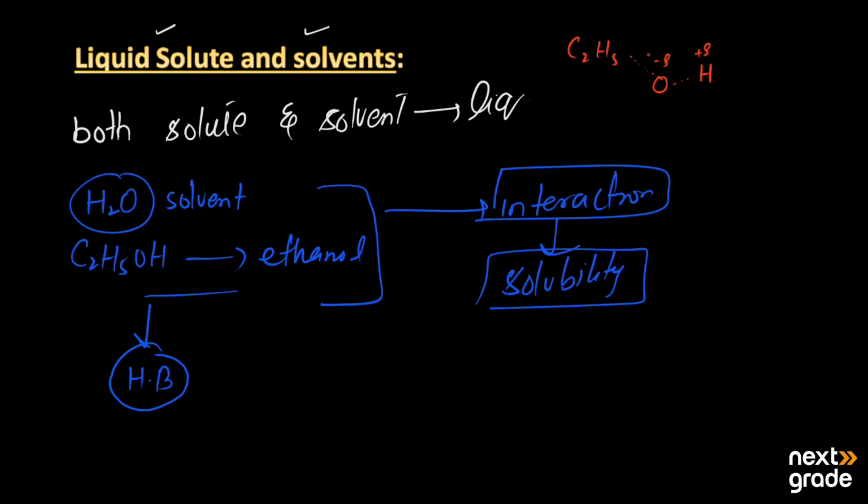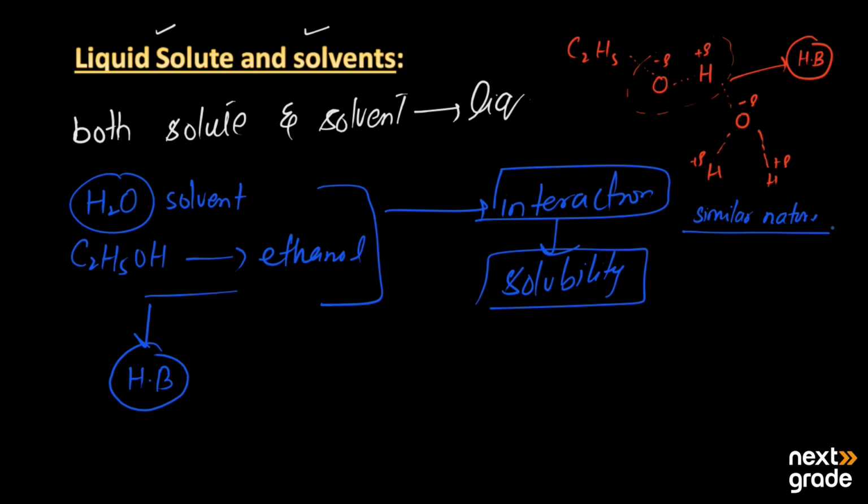So this is one molecule of ethanol, and then we have the water molecule in which the oxygen has a partial negative charge and the two hydrogens have a partial positive charge. So there is an interaction created between the ethanol and water molecule. This interaction we call hydrogen bonding. As both are of similar nature, they get dissolved into each other.